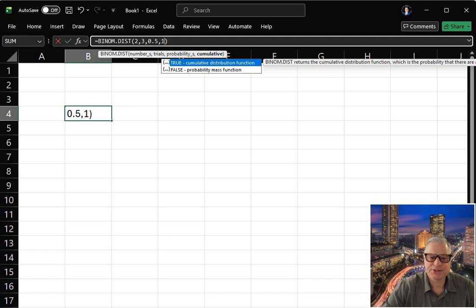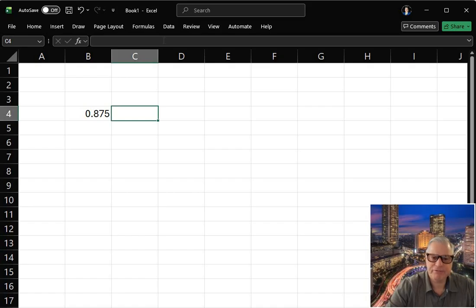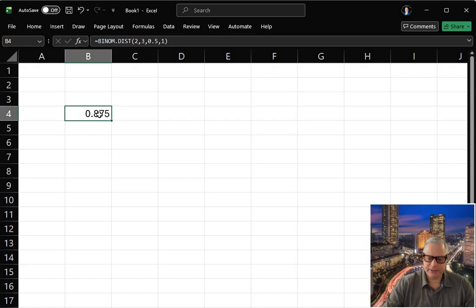So now we should get 7/8. So it's 0.875. Let's double check. 7 divided by 8, 0.875. So that is cumulatively. So this is how we use Excel.